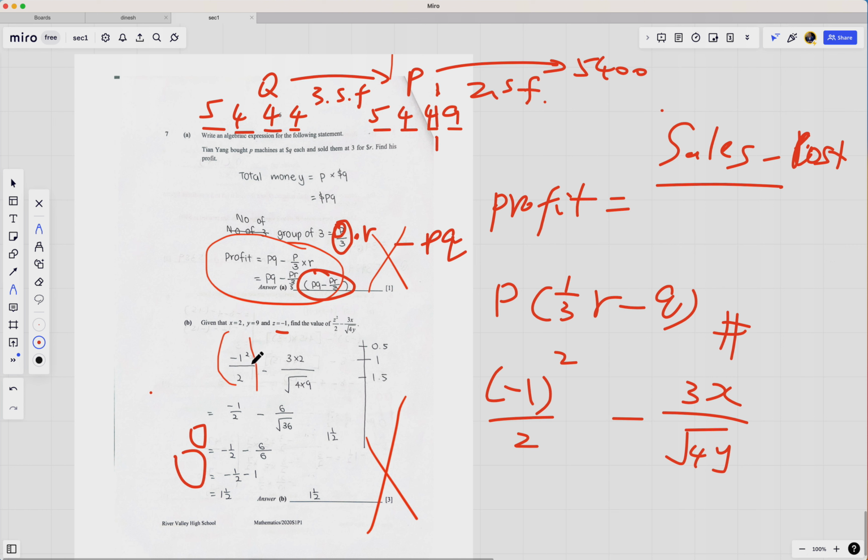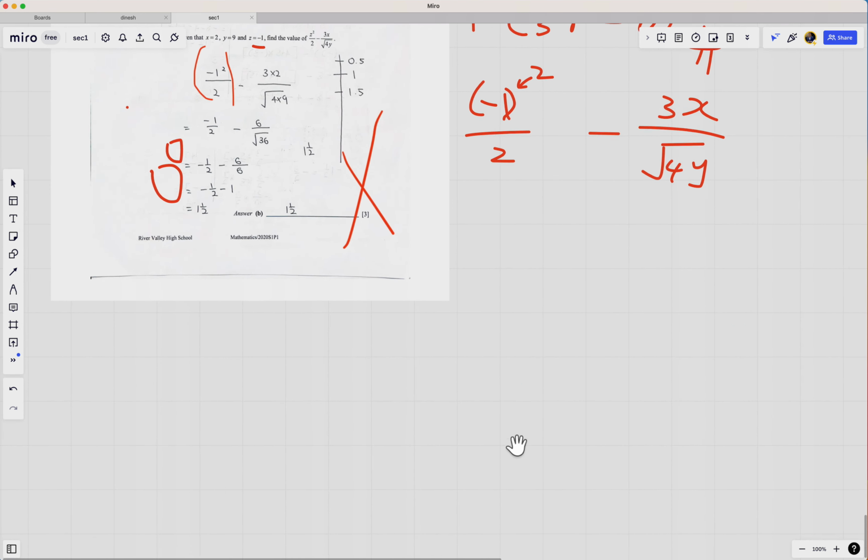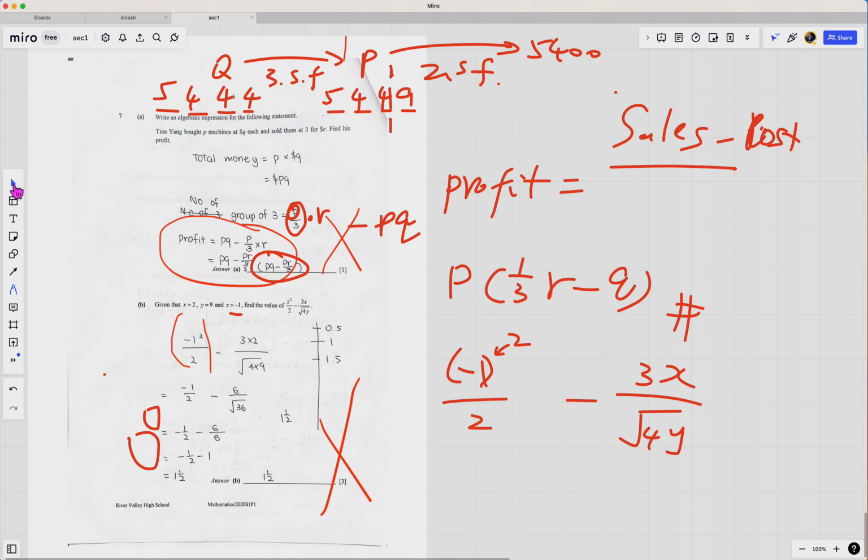Because if you don't put a bracket, you know what's the effect? The square will go to the 1 only, while your square is supposed to go to the entire -1. That's why you need a bracket there. Okay, sorry. Yes, go to the next page.